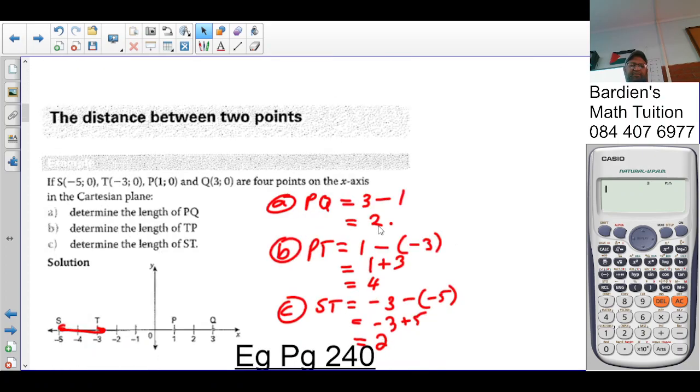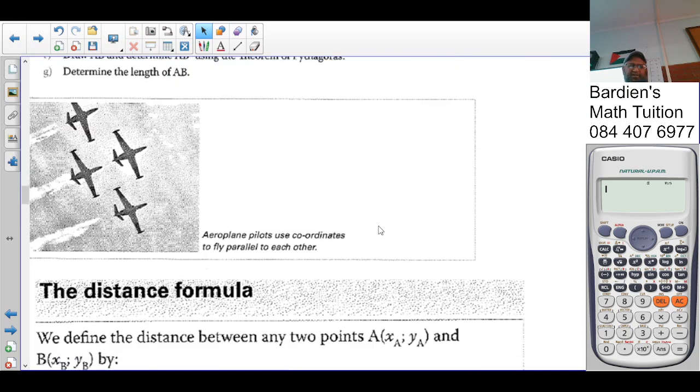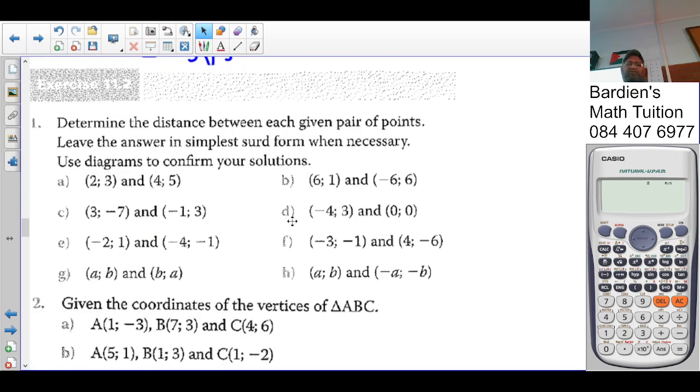The analytical geometry, you had homework on exercise 11.2. Is that correct? Right, you had to apply the distance formula. Not so? Yes, sir. Any issues with number 1?